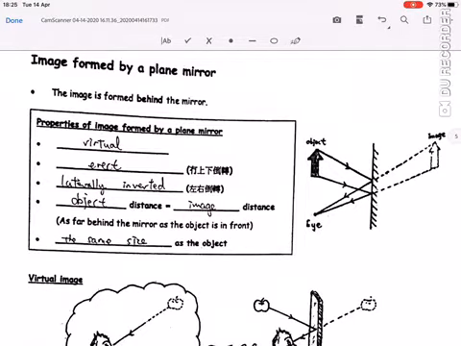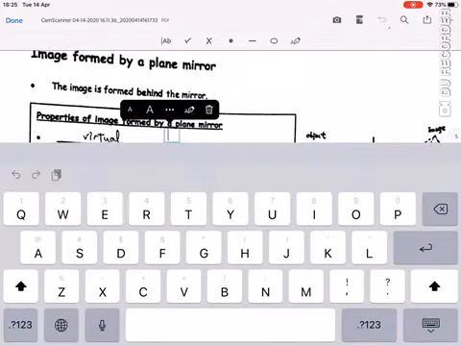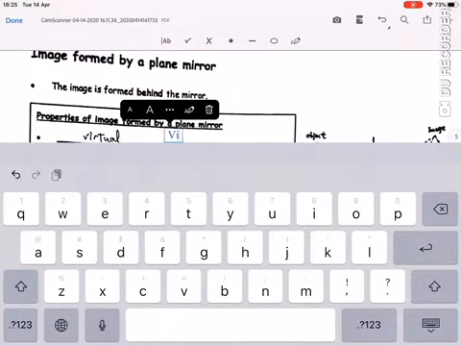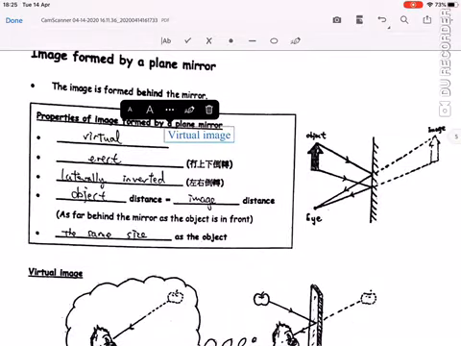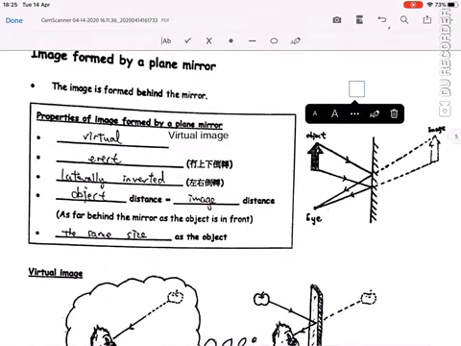Let me spell it out so it's easier for you to see: virtual image. So this is the first part.